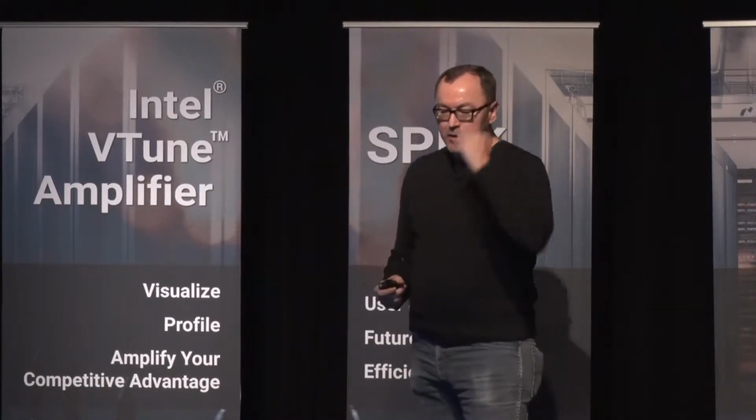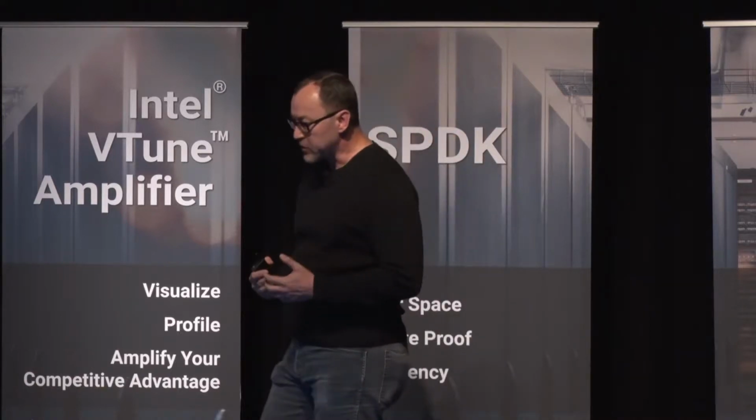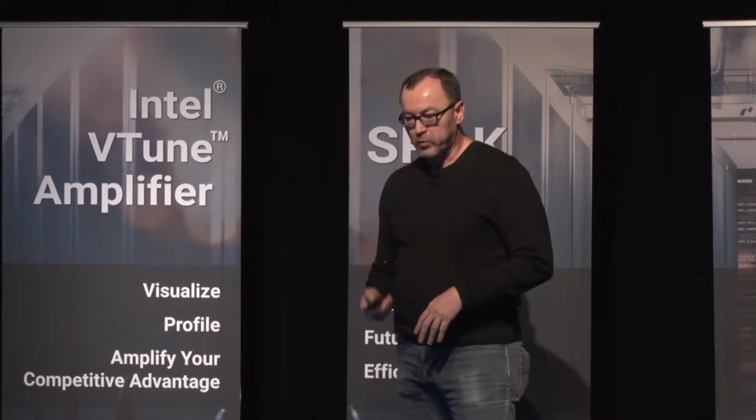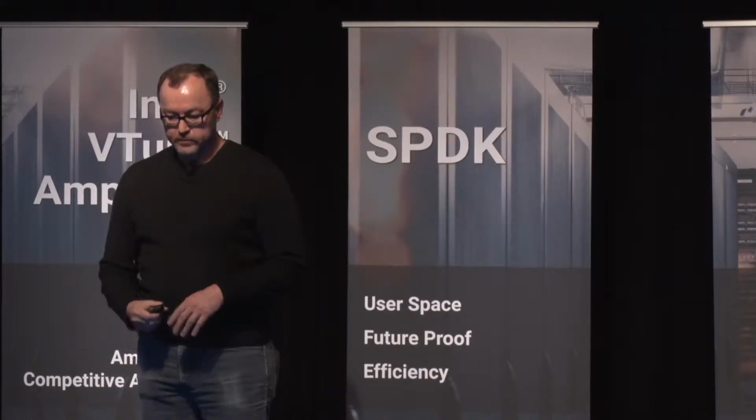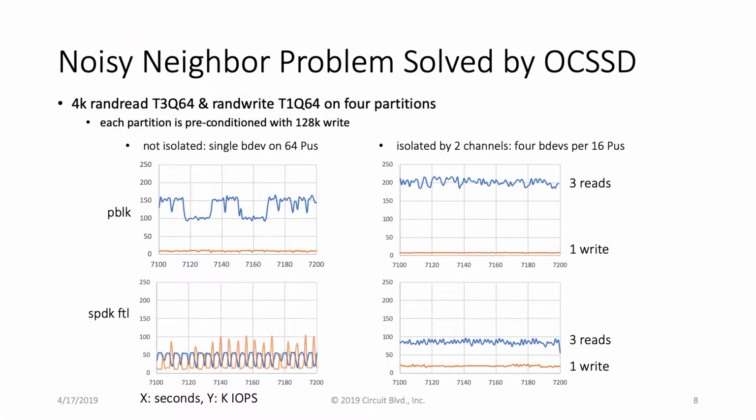So after that, one of the biggest problems that you see in a cloud environment is that you have a multi-tenant environment, and you get noisy neighbor issues. So what we did is we configured the system and tried to do a comparison. We have the diagrams on the left side.